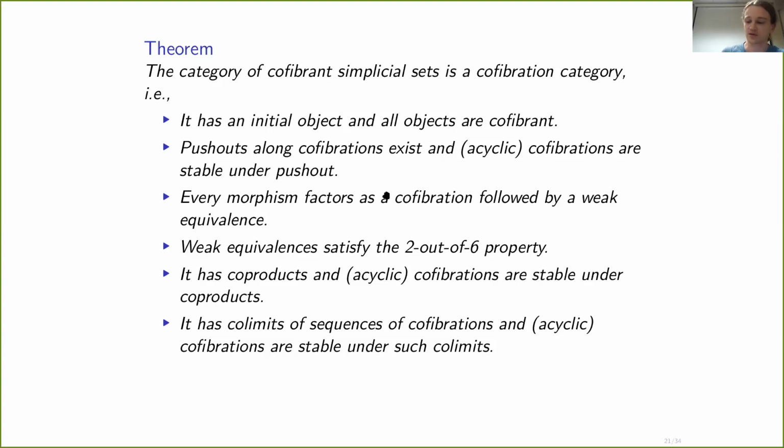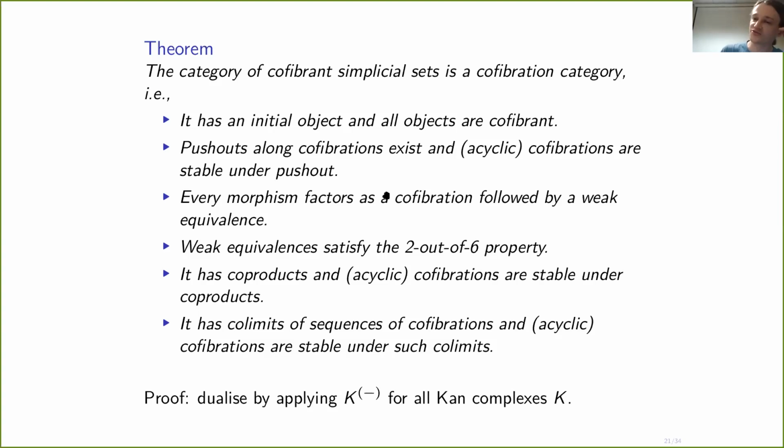And this is actually quite trivial because of how we set up the definition of weak homotopy equivalence. This just reduces to the previous theorem, sort of by duality, by simply applying this Hom functor into all Kan complexes. Because these pushouts got turned into pullbacks and we apply the previous thing.